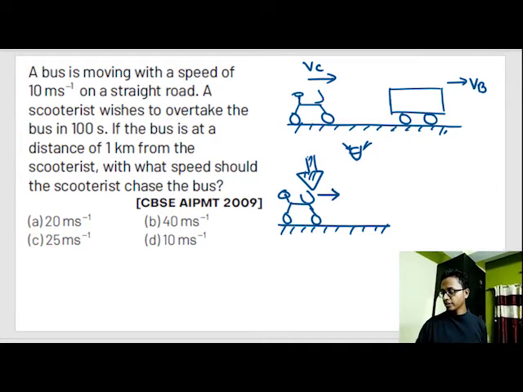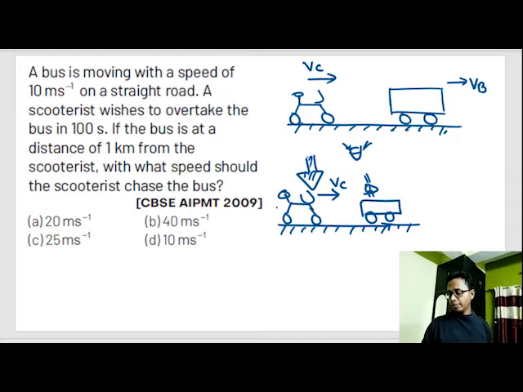This was the velocity of the cyclist, and I shifted the frame of reference, or shifted the observer, to the bus. Now when I shift the observer, what do I do? I reverse the velocity of the bus and apply it to all other remaining bodies.